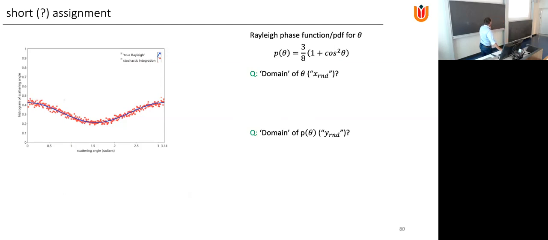Okay, so now let's focus on this theta function. On this theta distribution, P of theta was 3/8 times 1 plus cosine squared theta. So what is the domain, the range of theta?